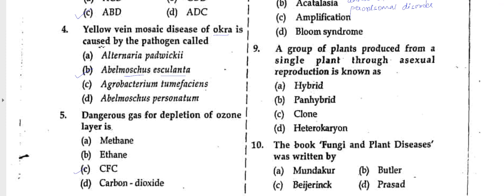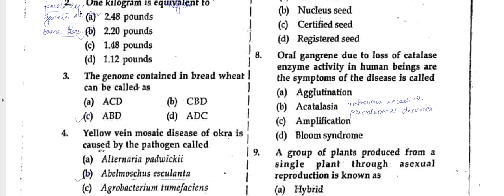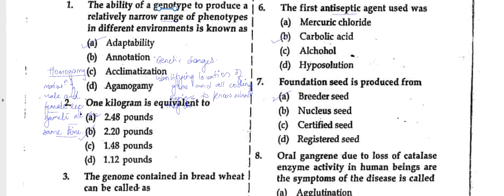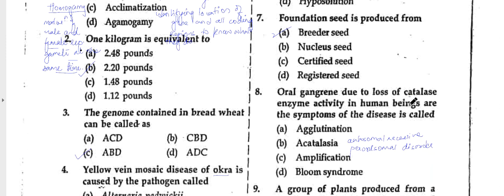Question number 6: the first antiseptic agent discovered was carbolic acid. Next, foundation seed is produced from breeder seed.